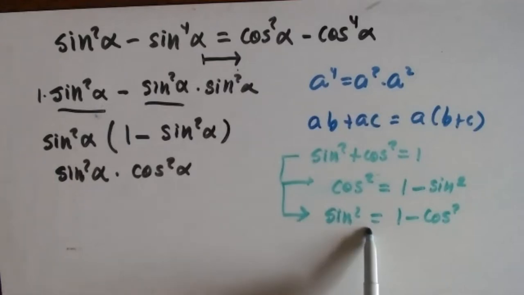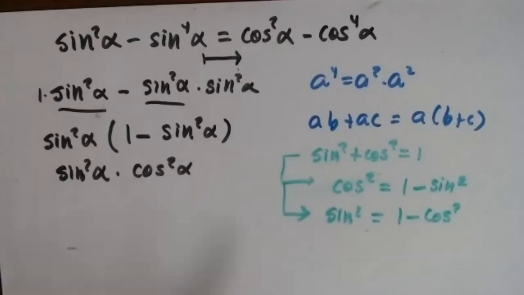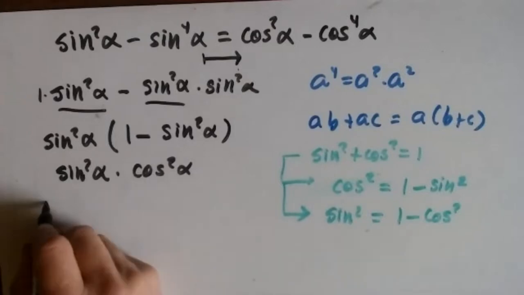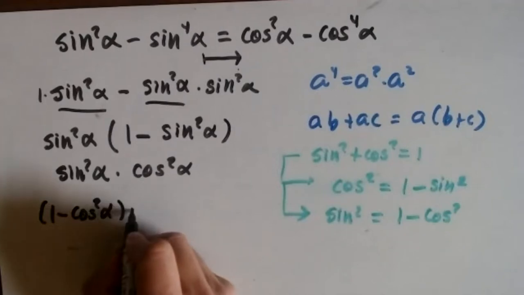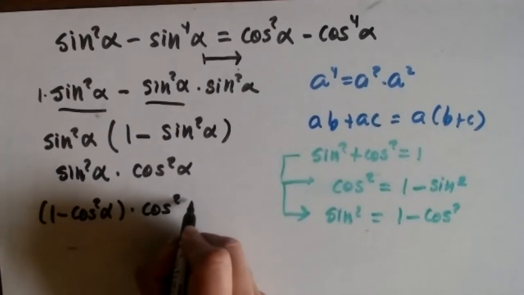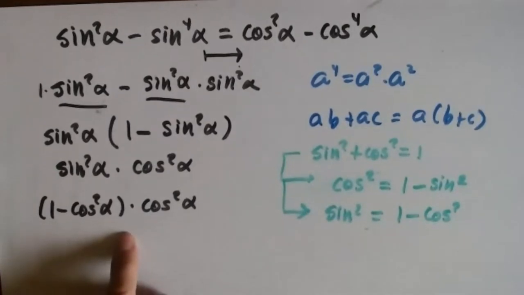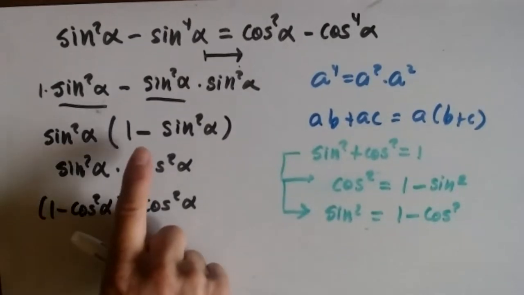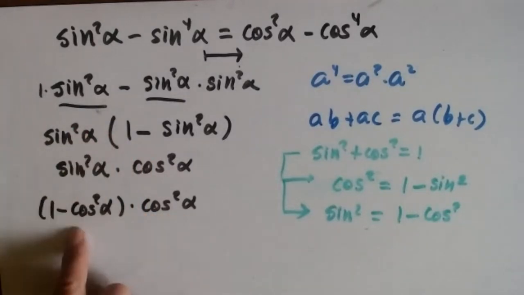So now I'm going to use this one right here. Sine squared is 1 minus cosine squared. So I have 1 minus cosine squared alpha times cosine squared alpha. Now, this parenthesis is pretty much the reverse of this one. So I'm going to distribute now these two.